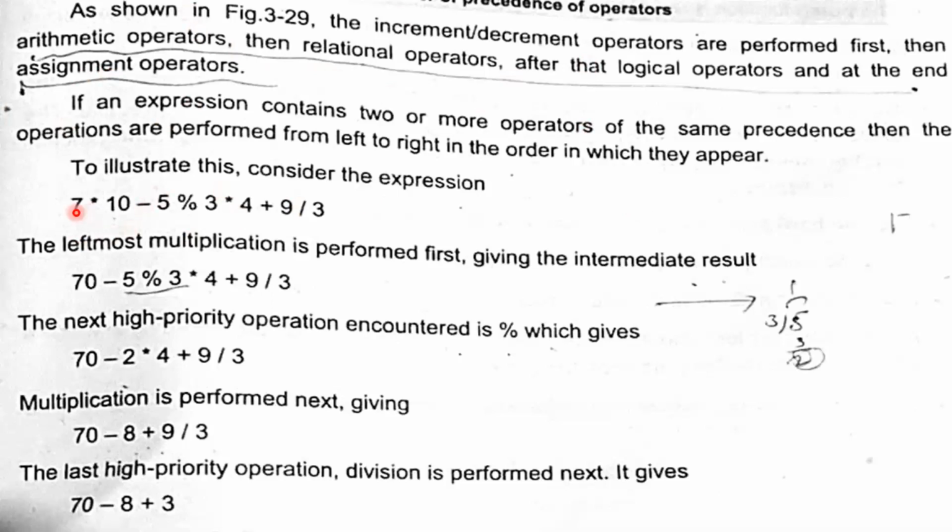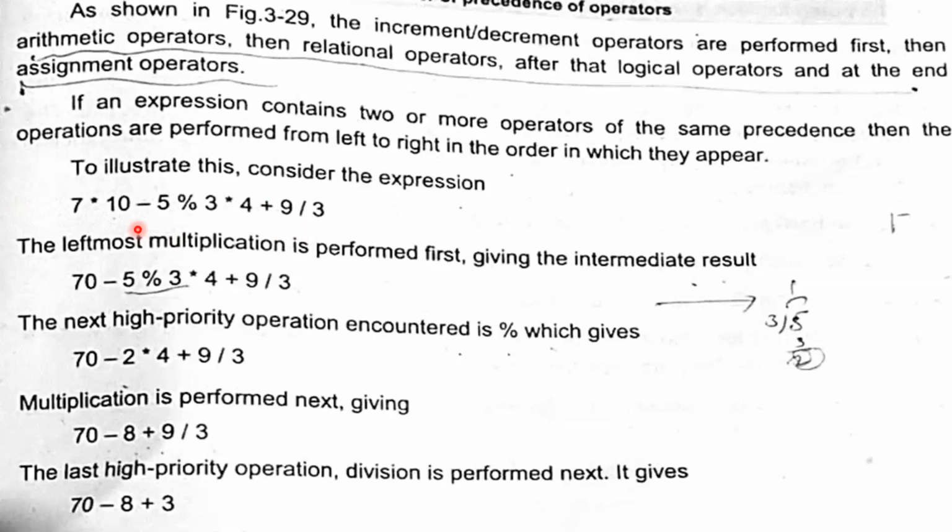The expression is 7 multiplied by 10 minus 5 remainder 3 multiplied by 4 plus 9 divided by 3. Suppose this is the equation in which there is more than one operator. Clear? What to do when we have more than one operator of the same precedence?